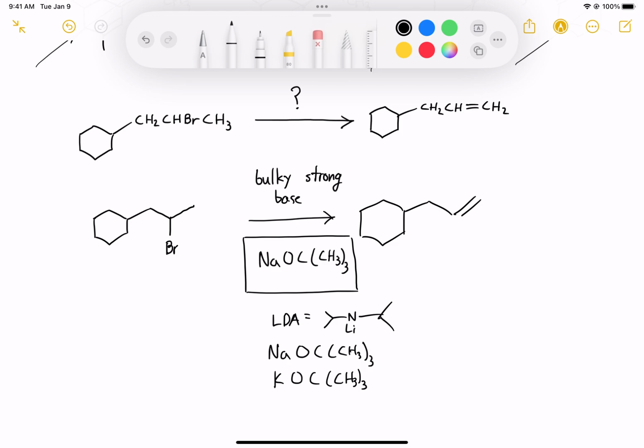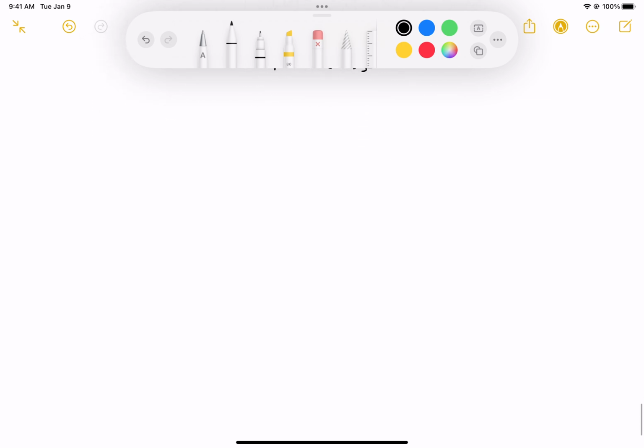All right, let's do a more complicated example now. Say we start with this methylcyclopentane, and we want this group here.